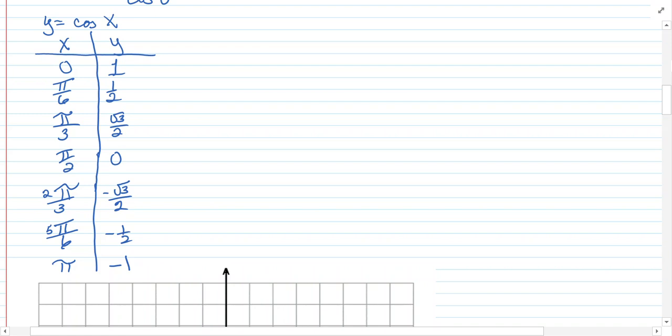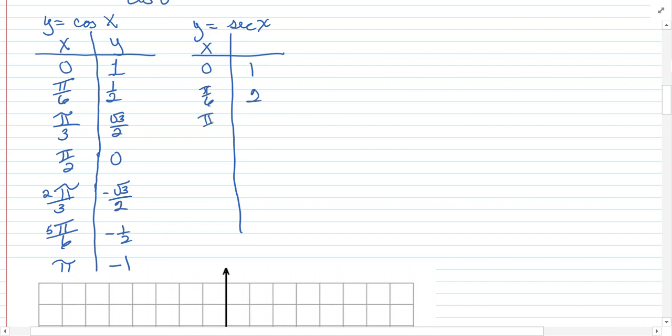So if we have y equals secant x, and we're using the same values. All right, so we're going to get the 1. That's still what we get, isn't it? And for the pi sixths, I'm going to get the 2.